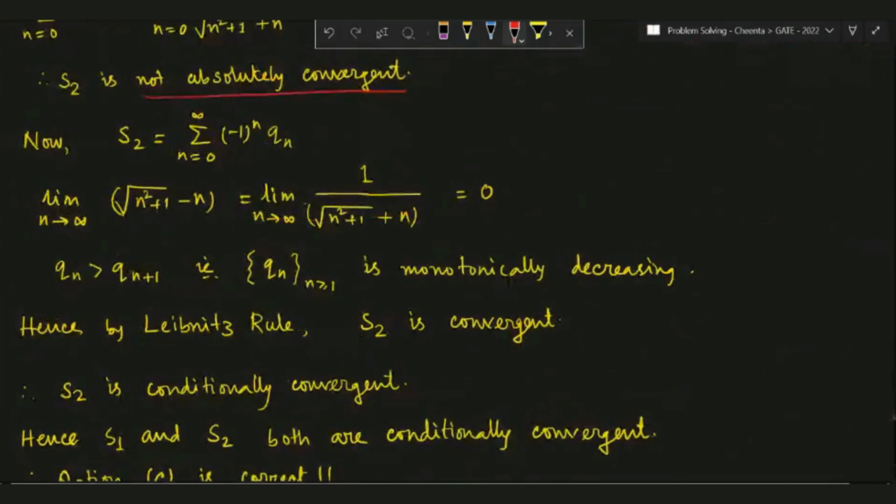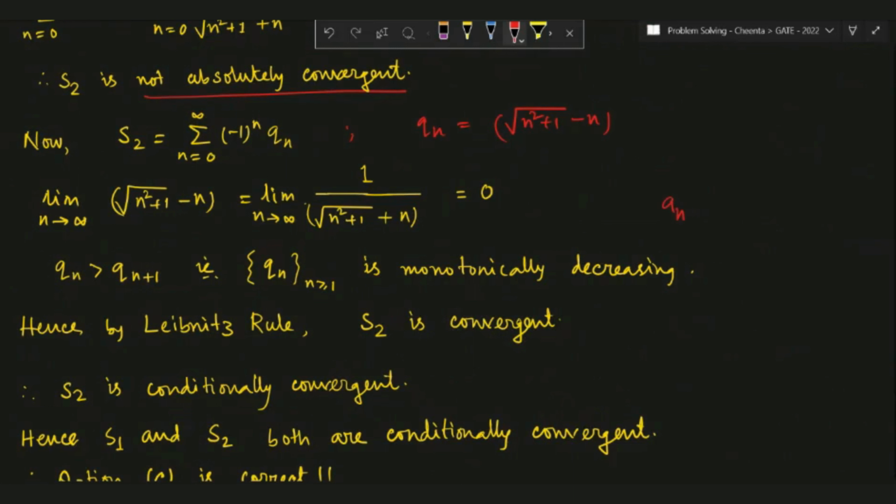Now S2, you can write it as (minus 1) to the power n into Qn, where Qn is root of n square plus 1 minus n. So this limit is coming out to be 0, and Qn is a monotonically decreasing sequence. As you can see, Qn plus 1 is less than Qn, from here it is coming out.